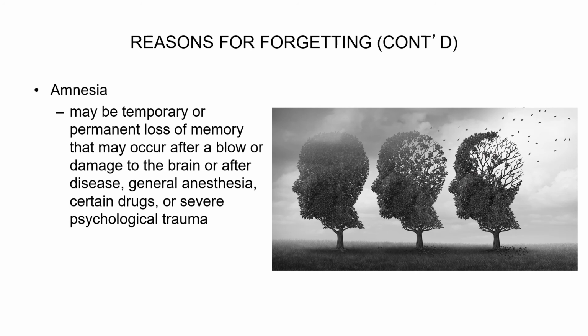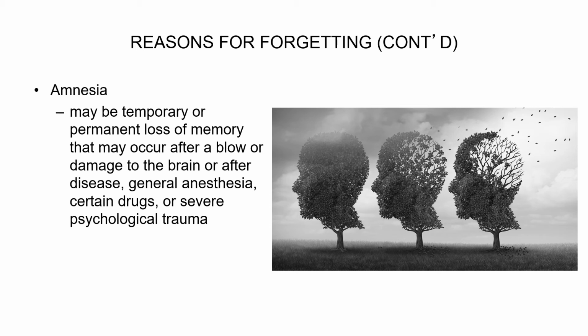Next thing we'll look at real quick, and then we'll watch a video actually on it, is amnesia. Amnesia is essentially memory loss. It should be something all of you know, that amnesia is memory loss.